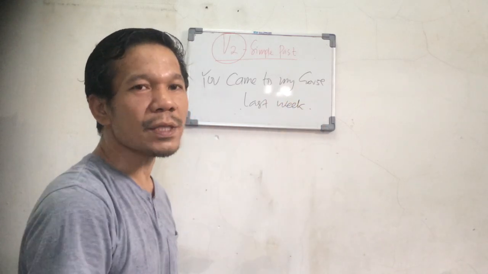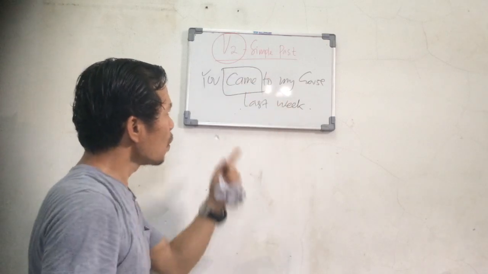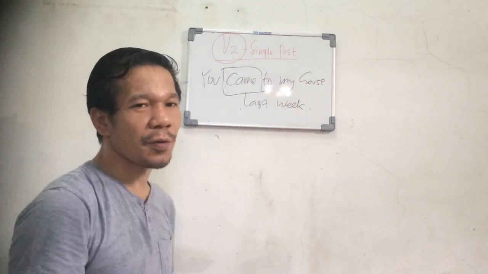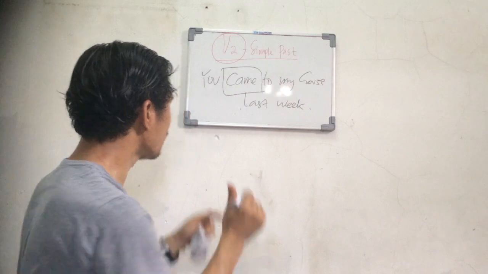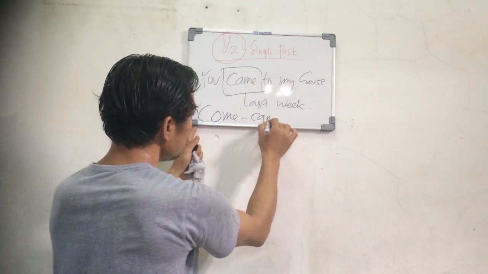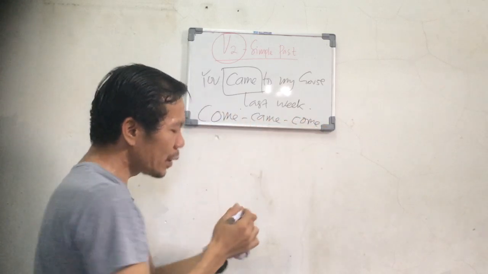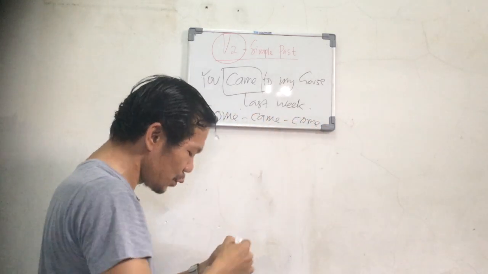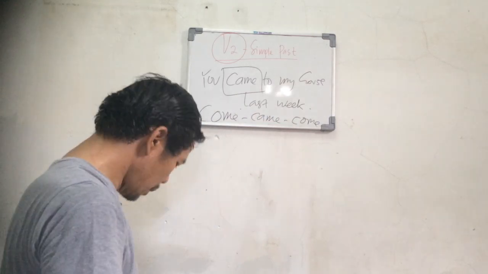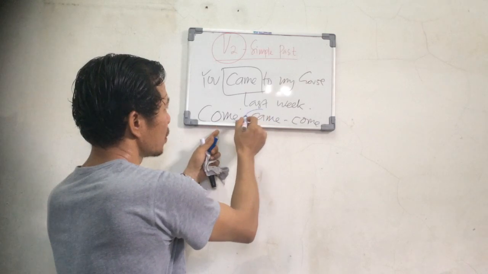So where is the verb? This is the verb. Came derives from the first verb, come: come, came, come. So we use verb 2 to explain a past action.